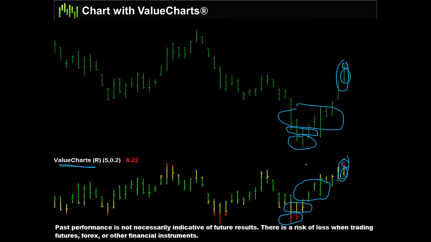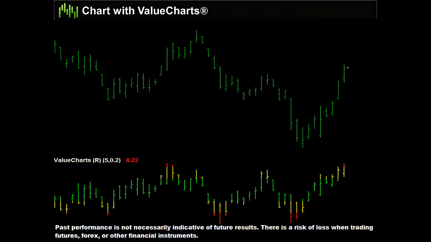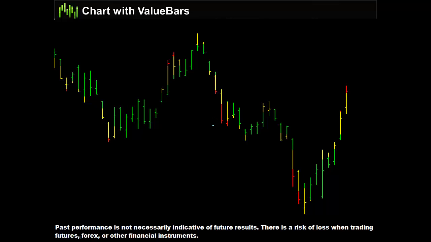Now, that is very informative, but it's a little hard to trade if you think about it. You have to look up here and look down here at the same time. So that's how we created value bars. Value bars actually overlays the value charts color coding system on top of a traditional open, high, low, close bar chart.